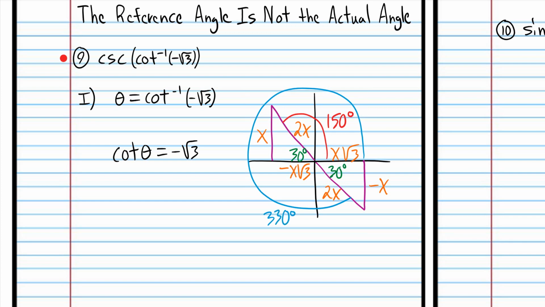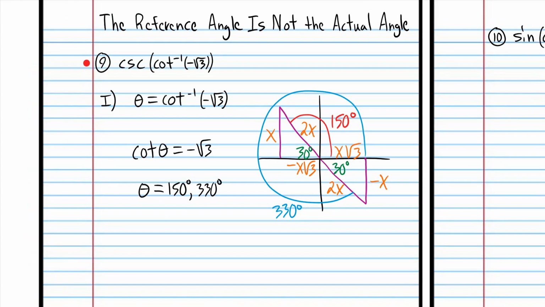So the reference angle was 30 degrees, but neither of our actual angles that we found are 30 degrees. We found that 150 degrees works and 330 degrees works. Now 330 is outside of the range restriction for the cotangent inverse function.